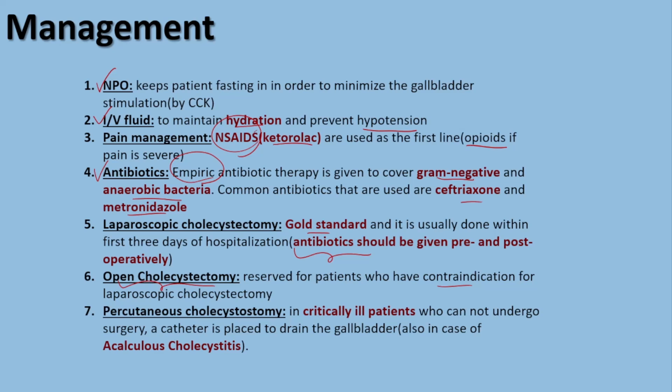If the patient is critically ill and cannot do surgery, we can use percutaneous cholecystectomy. This is when we have a catheter placed into the gallbladder and draining the gallbladder, and it is usually done if we have critically ill or old patient who is having acalculous cholecystitis.